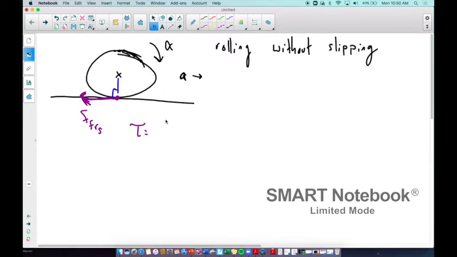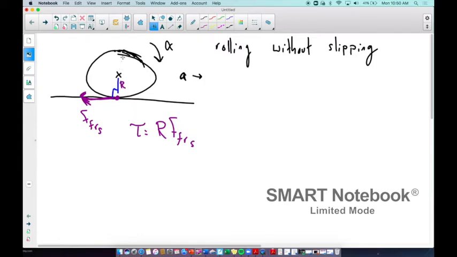The sine of 90 degrees is 1. Let's say this thing has a radius of big R. So my torque then is just going to be big R times the force of static friction. And I haven't drawn it, but this wheel still has the force of gravity and a normal force acting on it. All right.